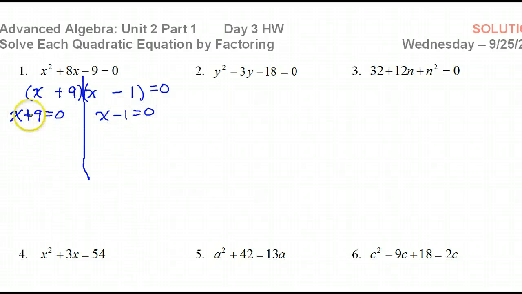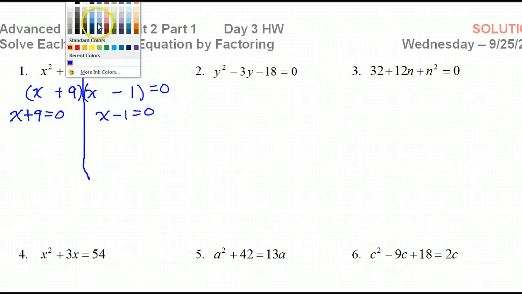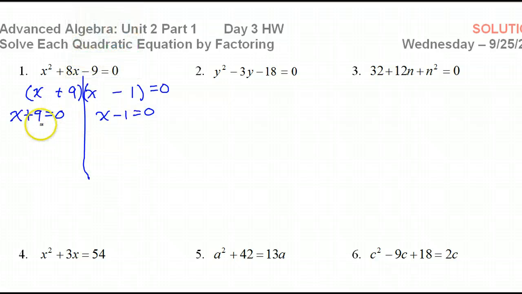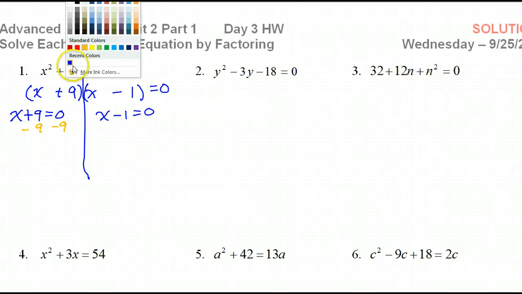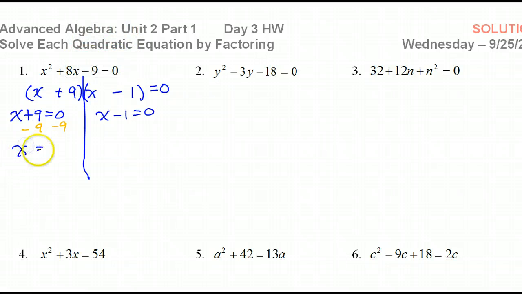So by setting the first factor equal to 0, we'll get one solution. If I now subtract 9 from both sides, that's going to give me x equals negative 9.